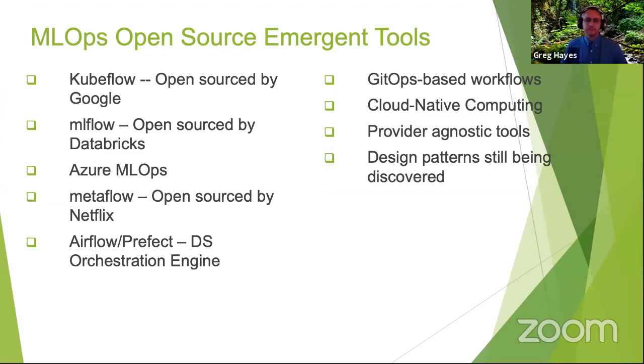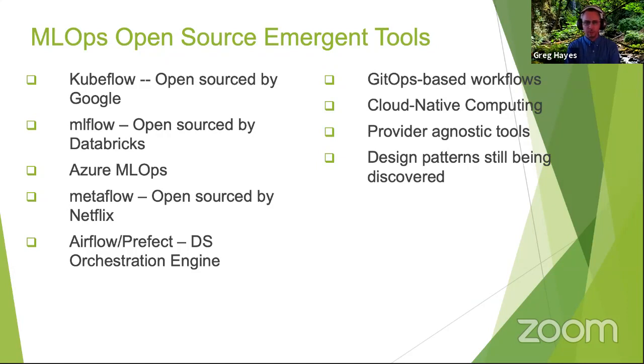So, as I mentioned before, there is a recognition that this is a gap, and there are a lot of efforts right now to try and close those gaps. Several projects have been open sourced in an effort to facilitate this. Kubeflow was open sourced a year and a half to 2 years ago by Google, and has gained a wide following.